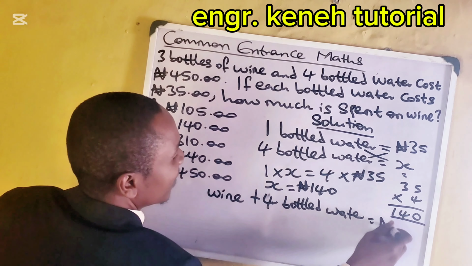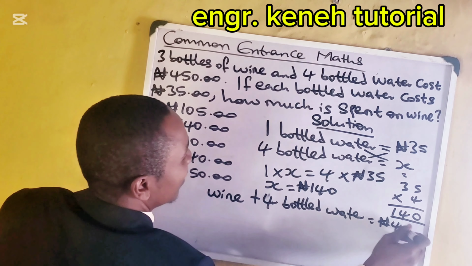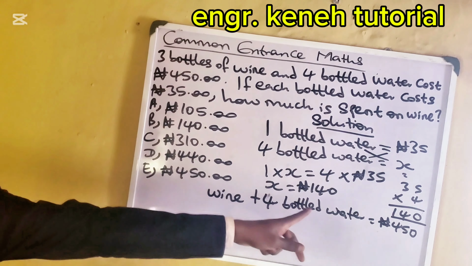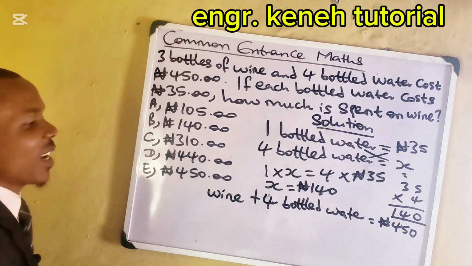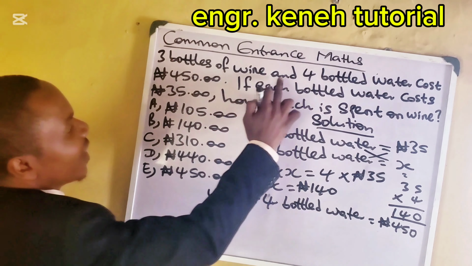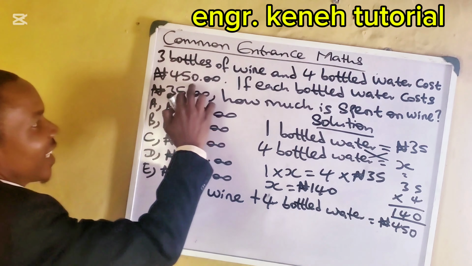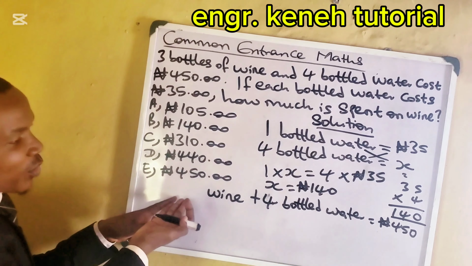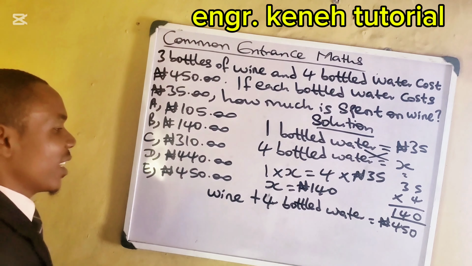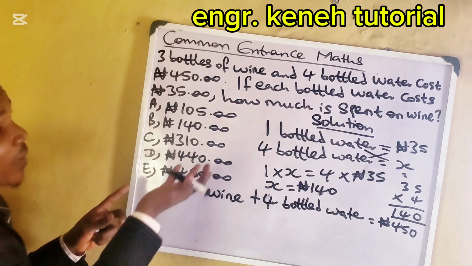We have it to be 450. Can you see that? Wine plus 4 bottled water will give us what? 450 naira. Look at it here, the information given to us. 3 bottles of wine and 4 bottled water cost what? So the 3 bottles of wine plus 4 bottled water will give us this. Is it clear?